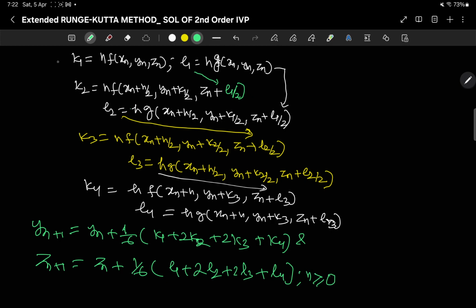You substitute all these values here and you get the solution.